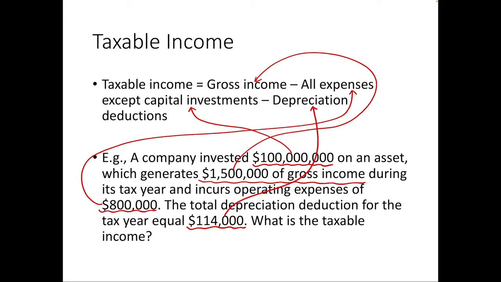All right. So now what is the taxable income? Using this formula, your taxable income should be gross income, which is 1,500,000, minus your expenses except the capital investment. So expenses is 800,000, and also minus the depreciation deduction, which is 114,000.